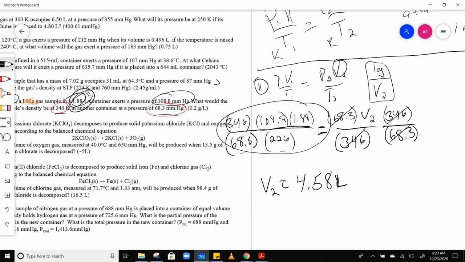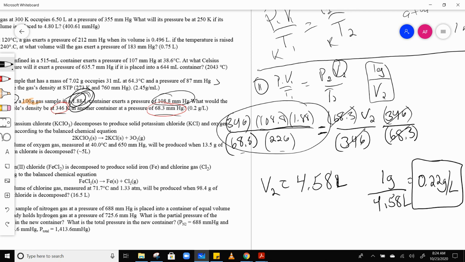Okay, so then in order to figure out what the density is, it's 1 gram in 4.58 liters. So 1 divided by 4.58, and we get 0.22 grams per liter.